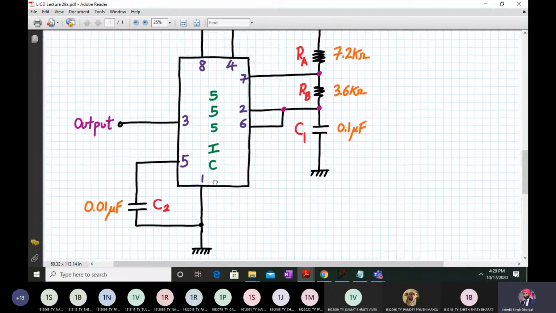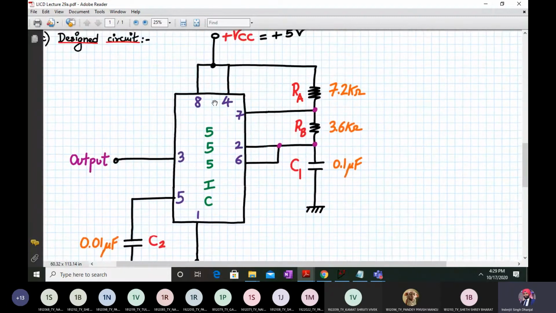Does anyone know why pin number 4 is connected to VCC? If you have understood the monostable mode, then this will be very clear. What is pin number 4? Pin number 4 is the reset pin, an active low reset pin. So whenever we apply a logic 1 to an active low pin, it will be deactivated.